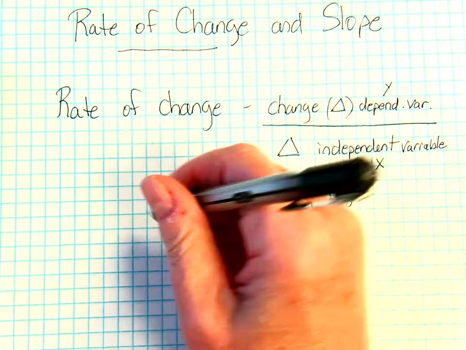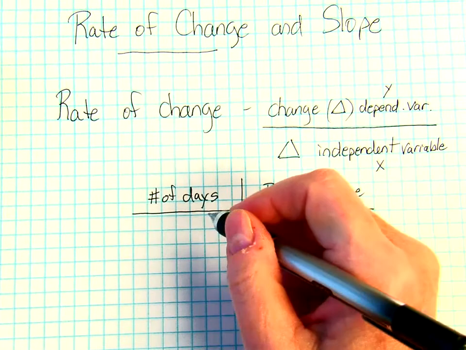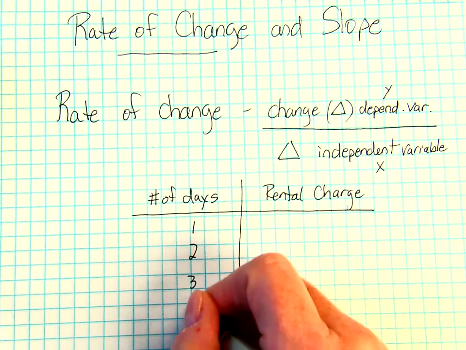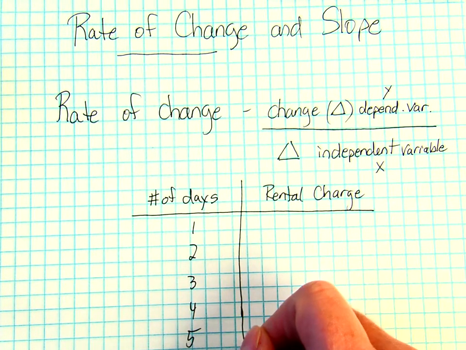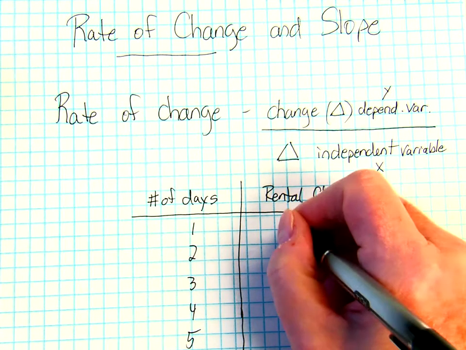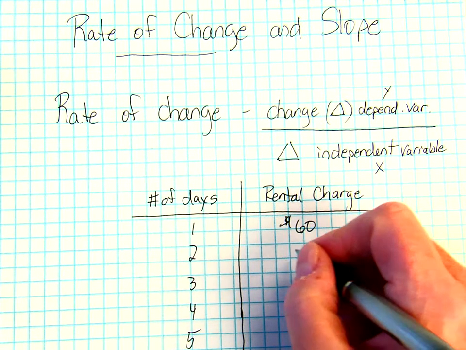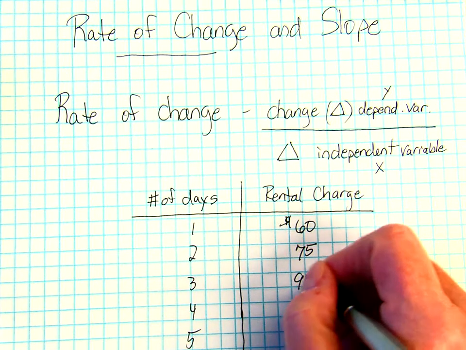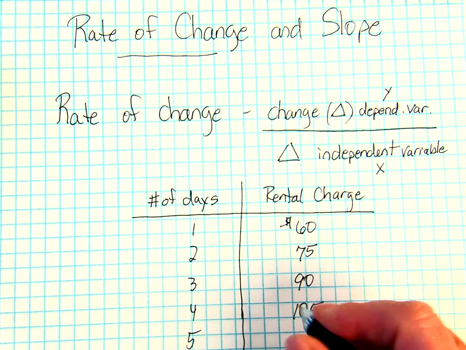For number of days we've got 1, 2, 3, 4, and 5, and we've got $60, $75, $90, $105, and finally our $120.